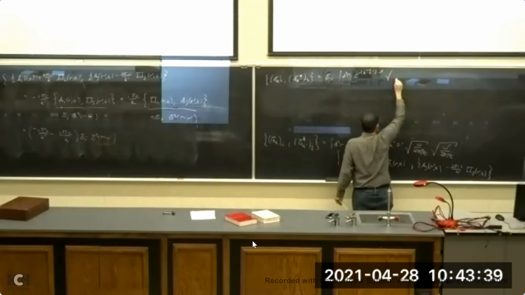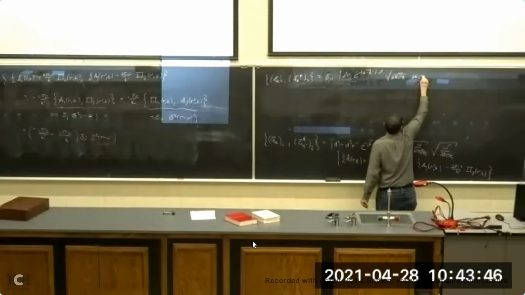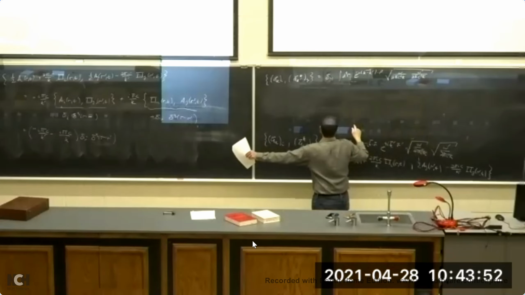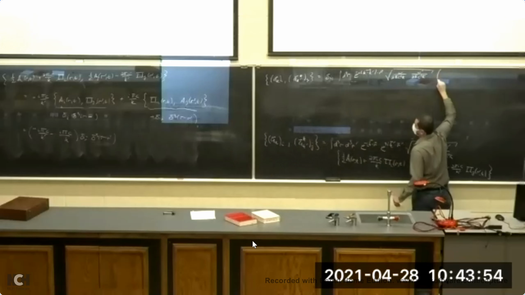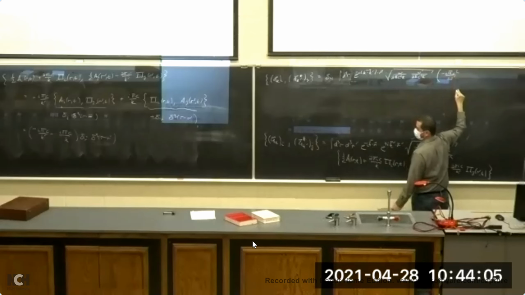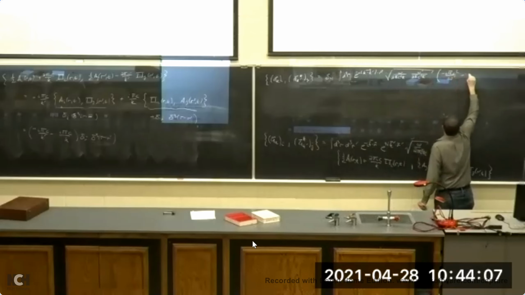Still have these square roots hanging out, 2 pi c squared h bar over omega, 2 pi c squared h bar over omega prime, times what's left from this, which is just minus i pi, and I'm going to call this c squared over omega prime, because k is omega over c. Minus i pi c squared over omega.